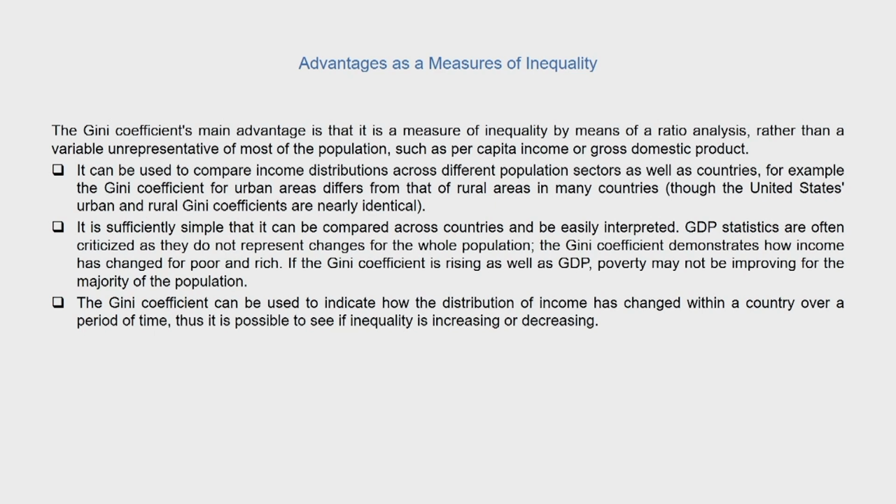So it can be used to compare income distributions across different population sectors as well as countries. For example, the Gini coefficient for urban areas differs from that of rural areas in many countries. But the United States urban and rural Gini coefficients are nearly identical.